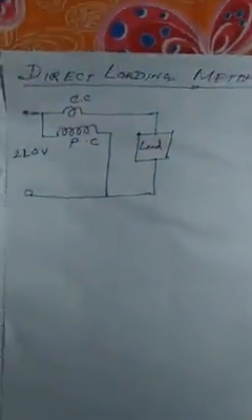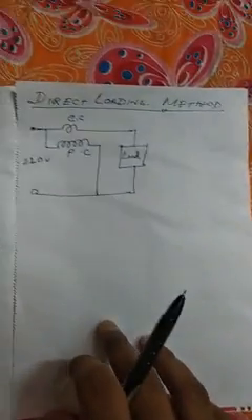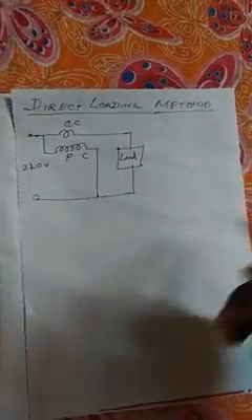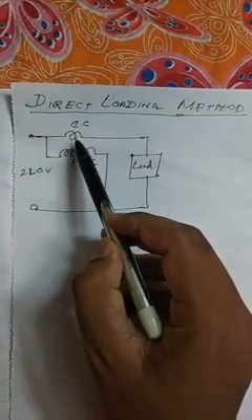Before we try to understand the phantom loading technique, first we will try to understand the conventional one, how we can measure the energy by using an energy meter. Now we'll take an example. This is the conventional method. This is actually a direct loading method where in the energy meter we have two coils.